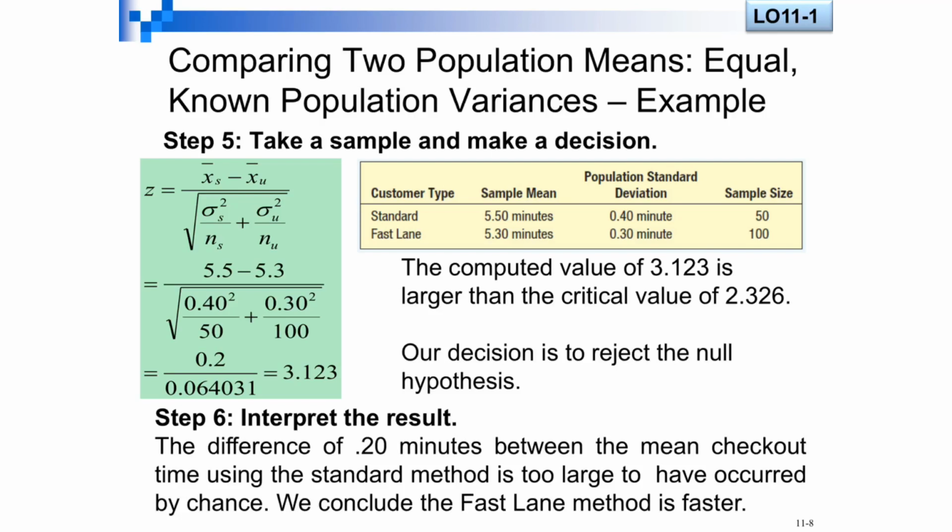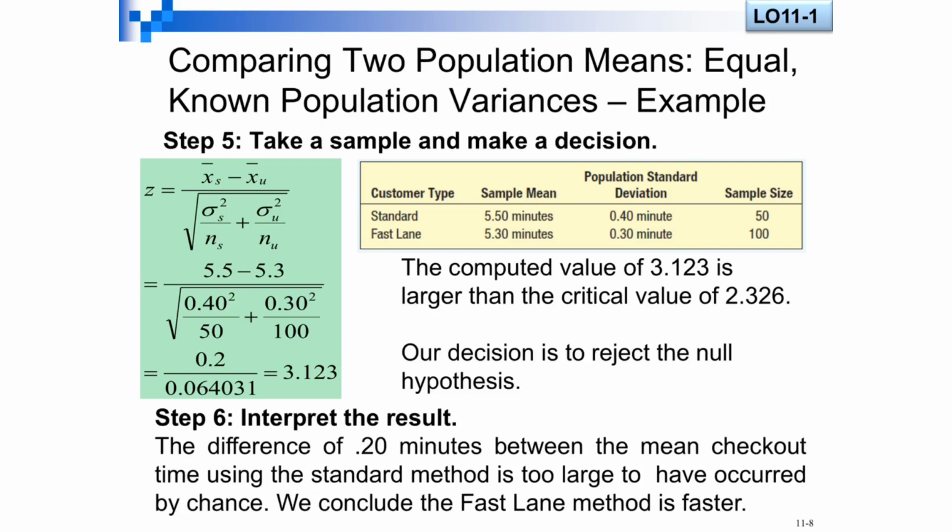We already went to the z table and got the value from the table. So we compare these two together, the value from the table and the value calculated from the formula. The computed value from the formula is 3.12. The value from the table is 2.32.